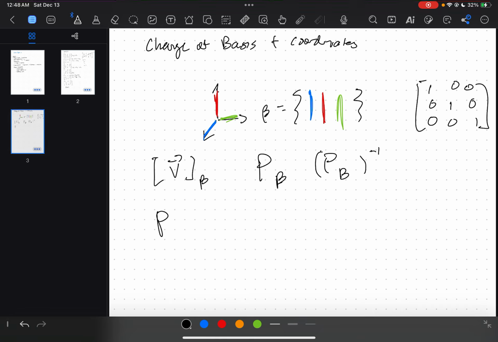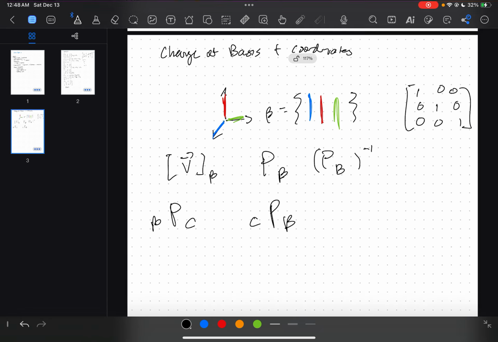You have PBC, which is how you turn items in basis B to basis C, which is basically undoing basis B and doing basis C. You have CPB, you get the idea.